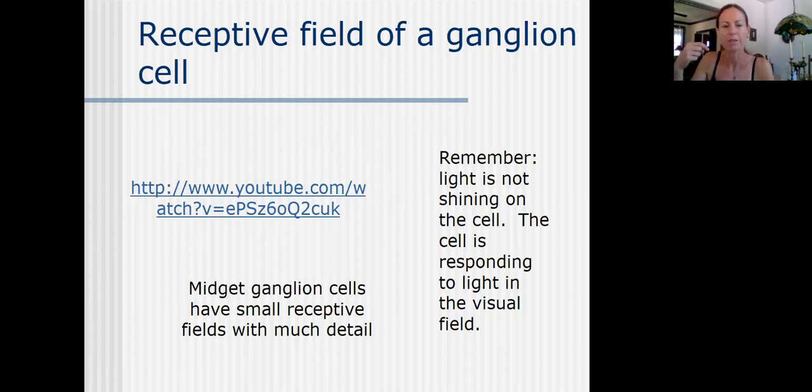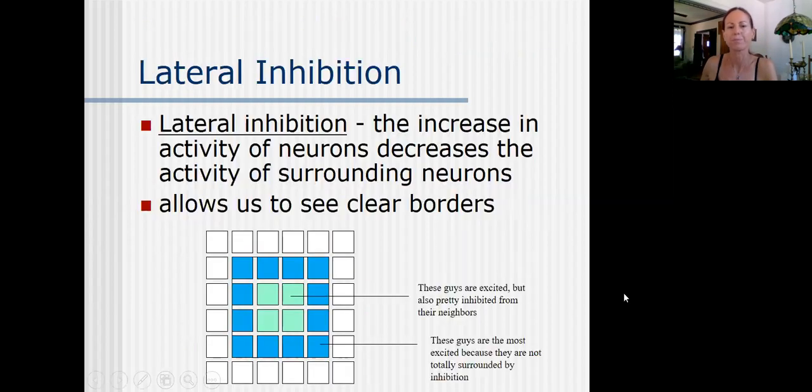Probably not politically correct at this point, I would think, but they're still putting it in the textbook. Anyway, light is not shining on that cell, but that cell responds to light out here somewhere in the visual field. When you have one of those midget ganglion cells, they have very good acuity because it's just a tiny, tiny part of light that responds to them.